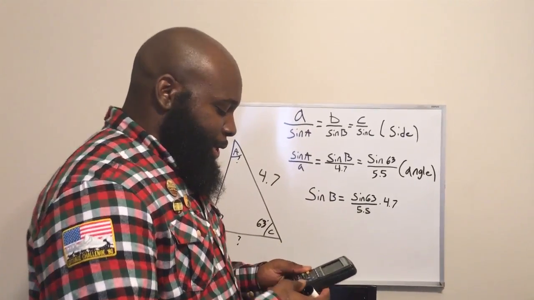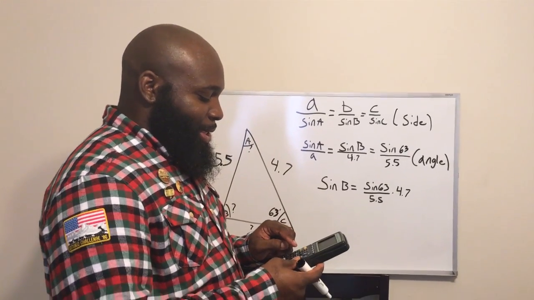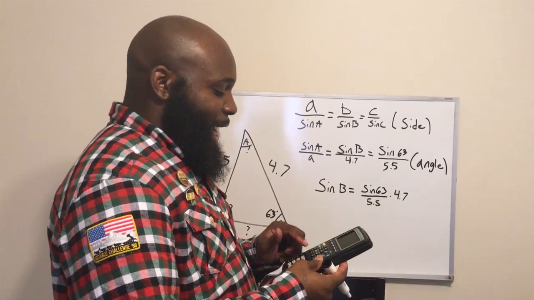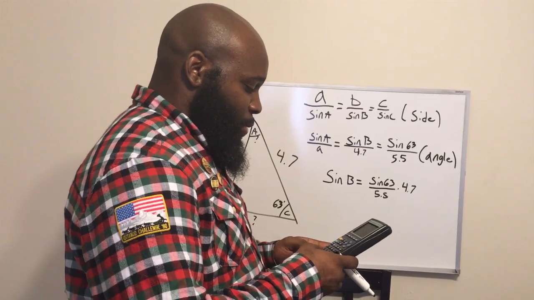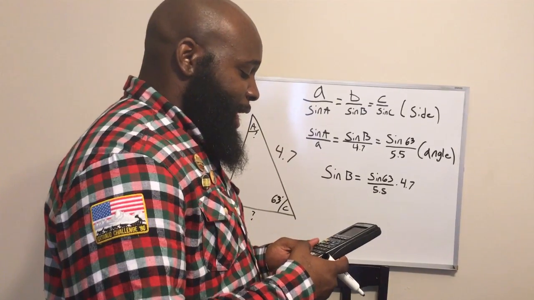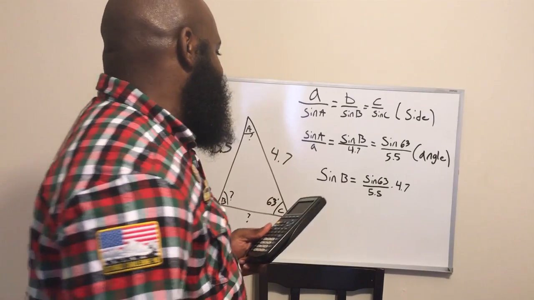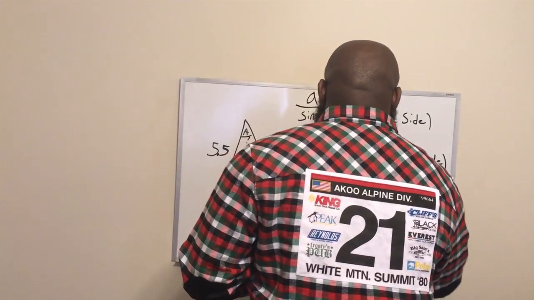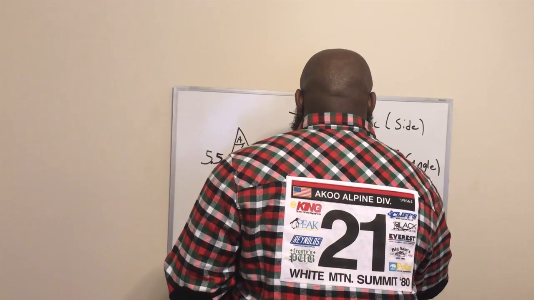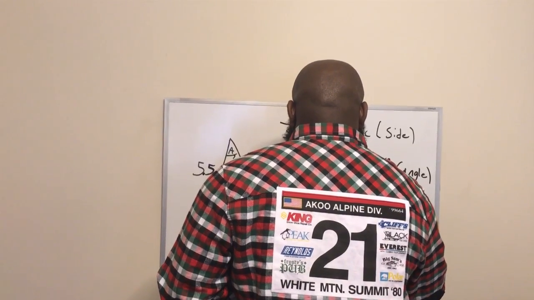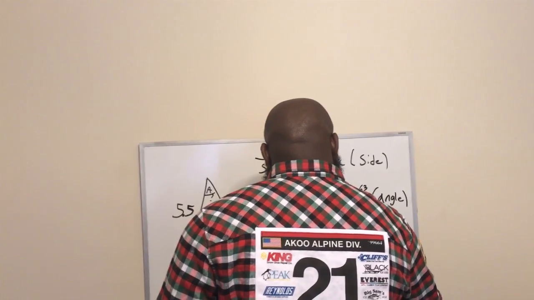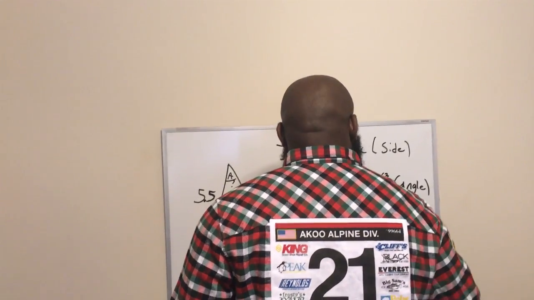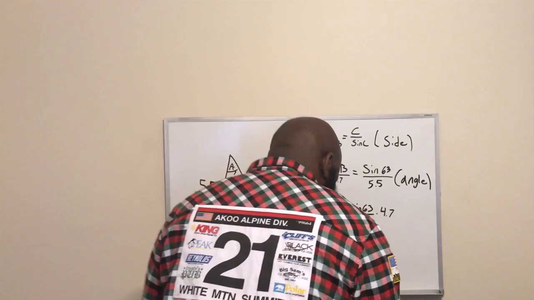So what we want to do is press the second key and the sine inverse key and type in 0.7614, and you get 49.6 degrees as your answer. So angle B is equal to 49.6 degrees.